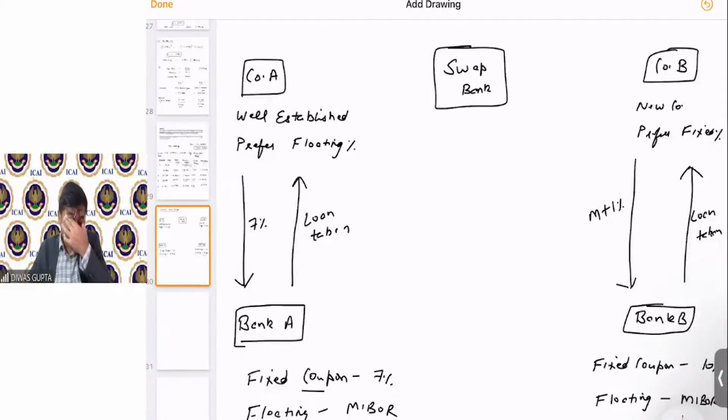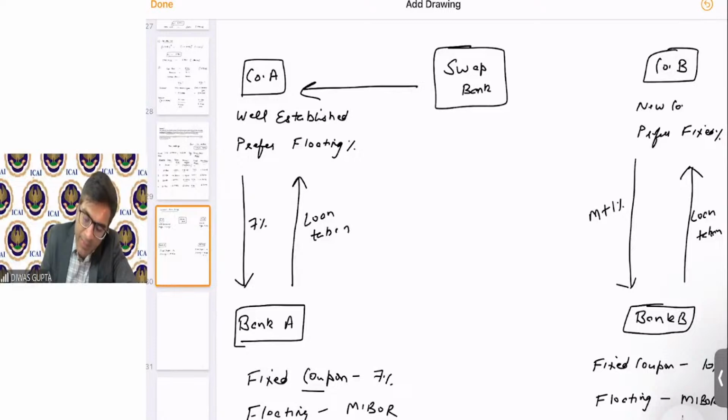Now, what this Swap Bank says is that since Company A has a preference of paying the interest on a floating basis, let's do one thing, Company A: you swap your fixed interest rate liability with the floating interest rate liability, whereby Swap Bank will pay Company A some fixed amount and Company A will pay Swap Bank MIBOR.